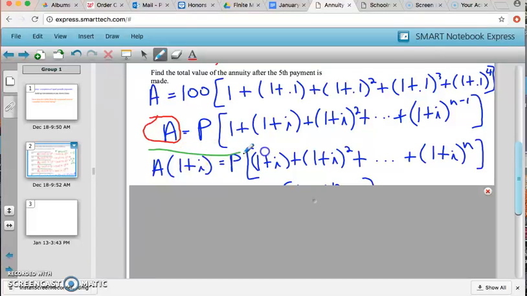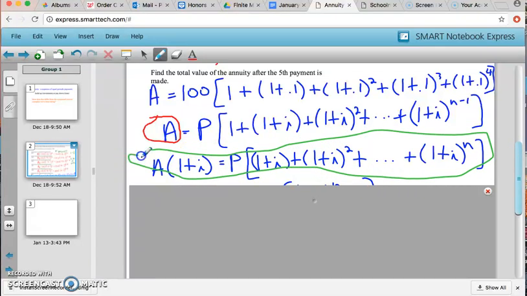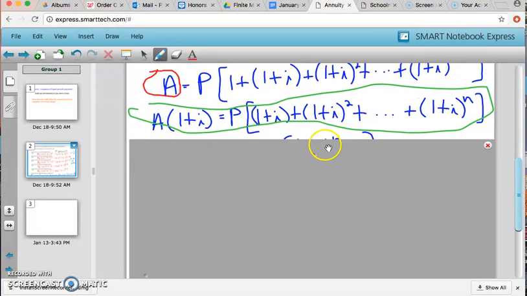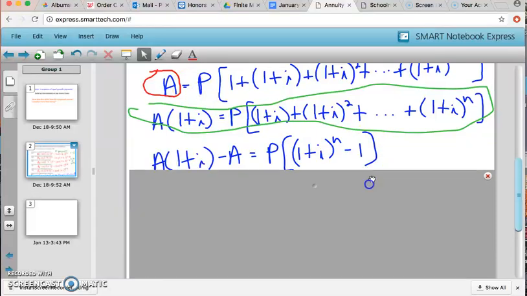In green, multiply both sides of this equation by 1 plus I. Pull this down. And then we're going to take the green equation minus the red equation.